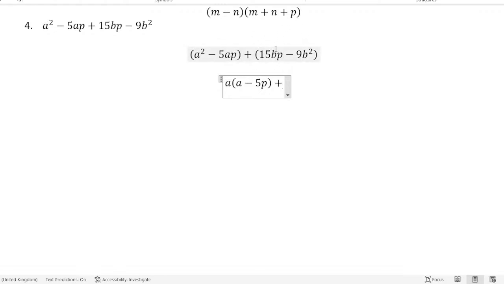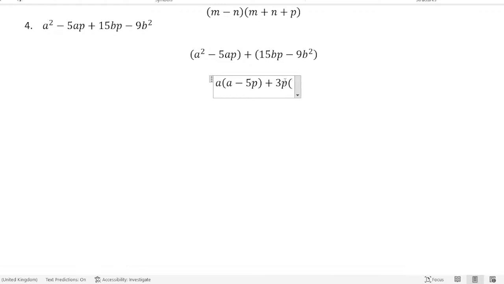So here we start with the numerical values. 3 goes into 15 and 3 goes into 9. So we'll have 3 into, then we're going to be left with 5. Our common factor in numerical value is 3. Then the variable is going to be p, so it's 3p.